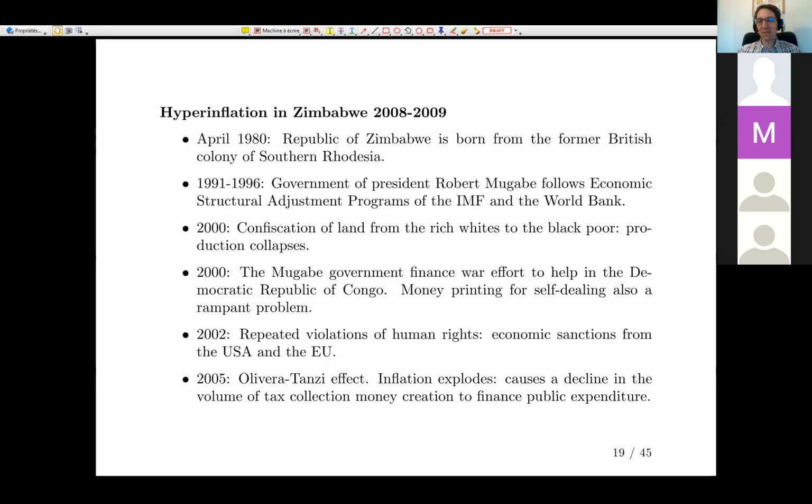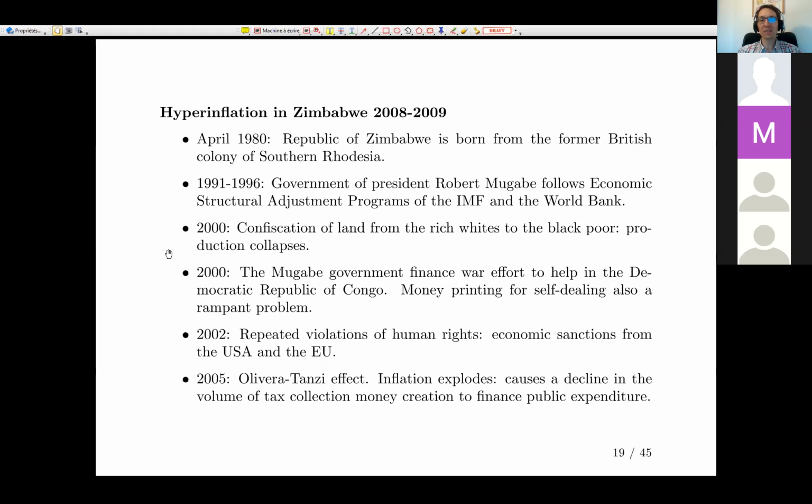Also, there's self-dealing, a lot of corruption in the government. So many things went bad. They also had violations of human rights and the sanctions, but the impact of the sanctions is not so clear.